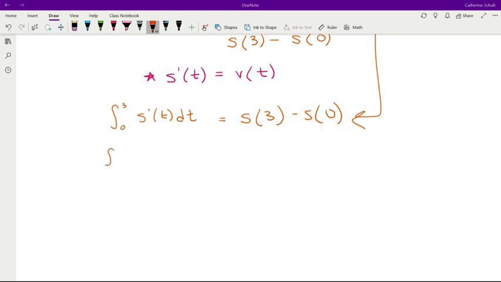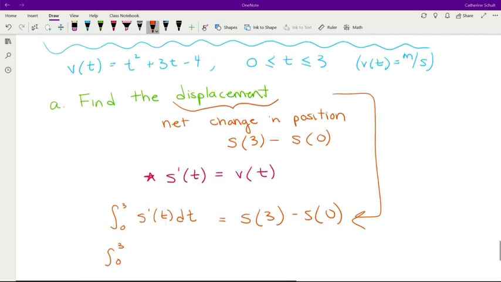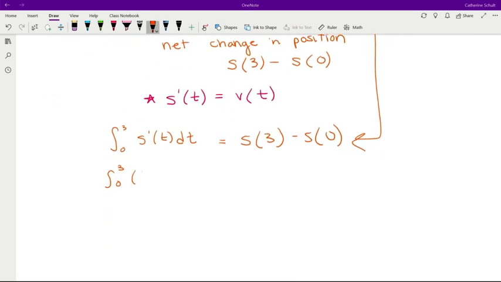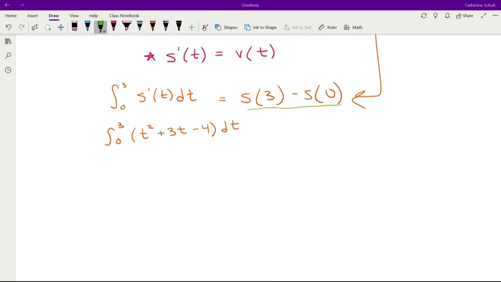It's the velocity function. So let's make that substitution: t squared plus 3t minus 4. So we have to find this, and we're done with part A.